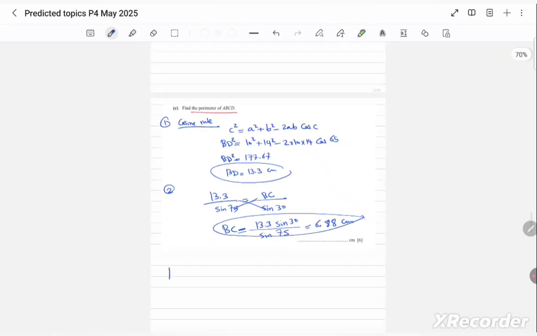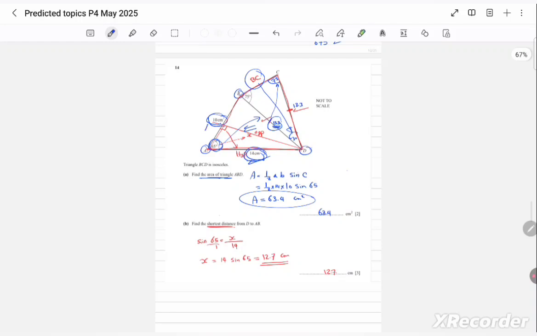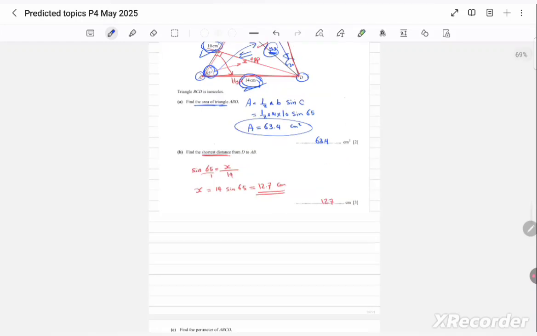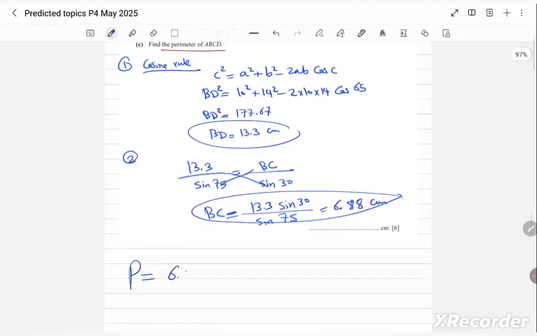So now what we have are the sides. If you want to find the perimeter now, I have 14 and 10, 13.3 and BC. Okay, so BC 6.88 plus 13.3 plus the 14 and 10 we have. So this is the perimeter.